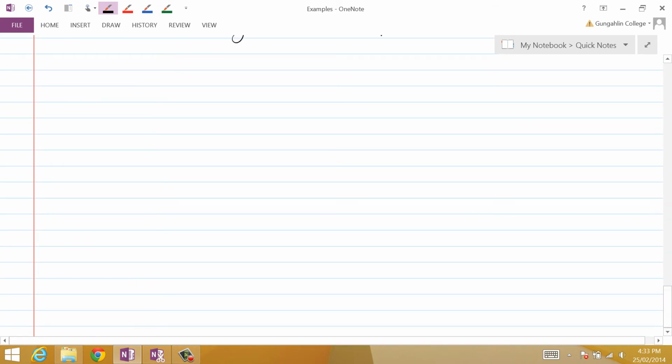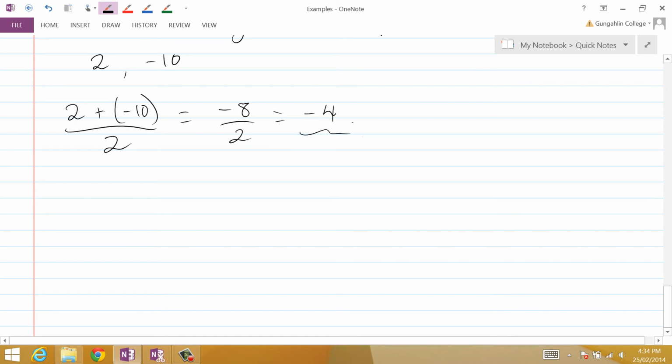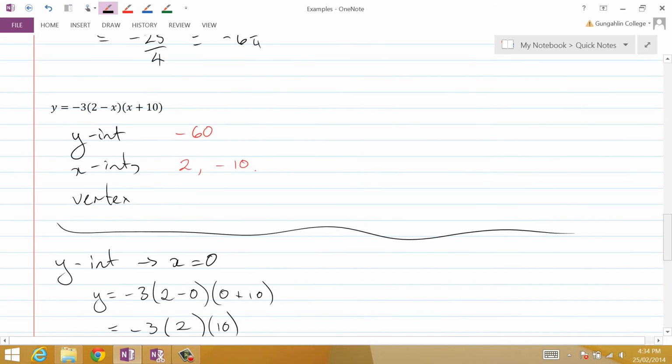So I want to find halfway between 2 and minus 10, so let's average them. 2 plus minus 10 divided by 2. 2 plus minus 10 is negative 8, and that divided by 2 is negative 4. So that's the x-coordinate of my vertex.